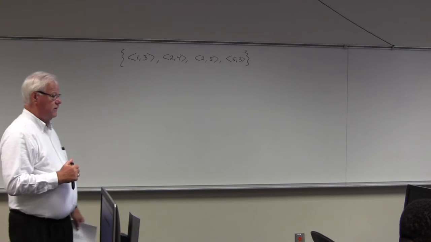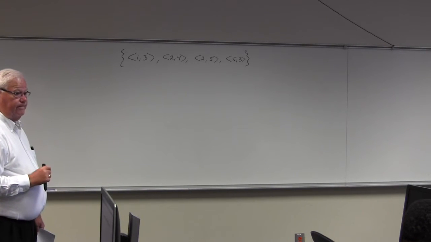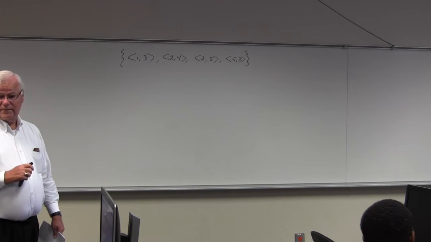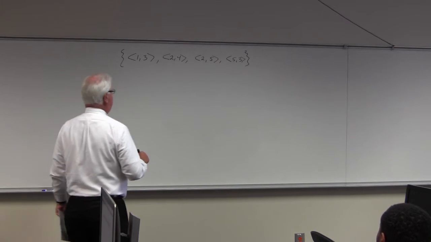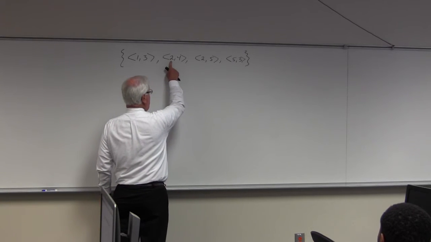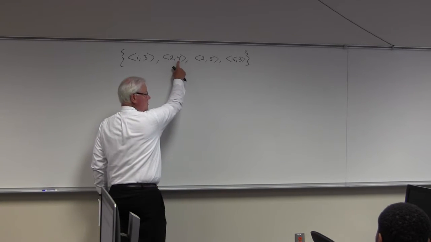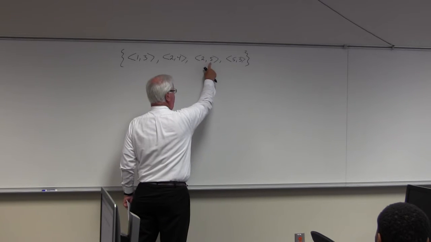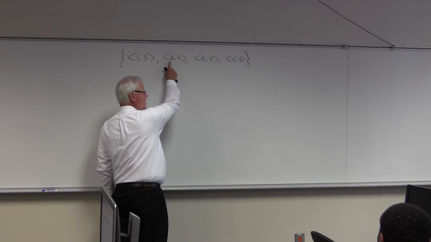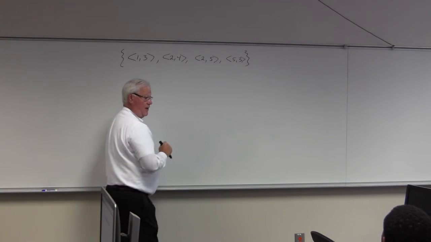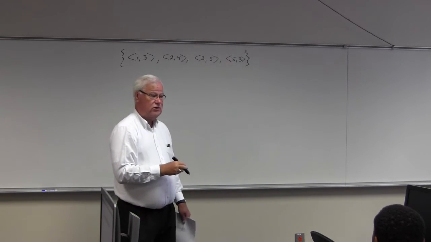Is that a function? It is a relation, isn't it? Okay. It's not a function, and the reason it's not a function is that notice that 2 is paired with 4 in this one, and 2 is also paired with 5. So the first member has 2 different second members. That cannot be in a function.